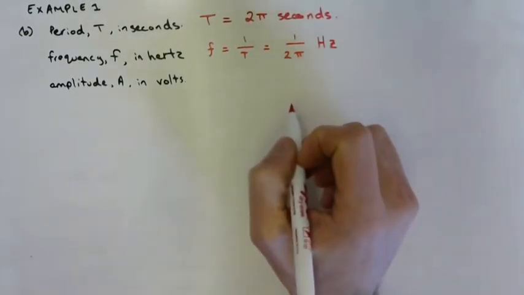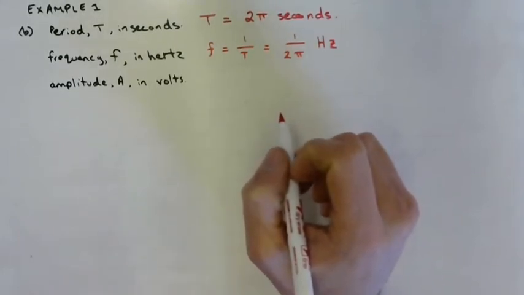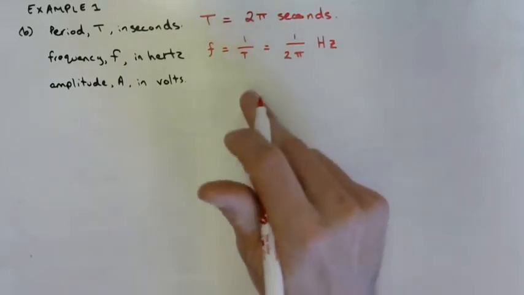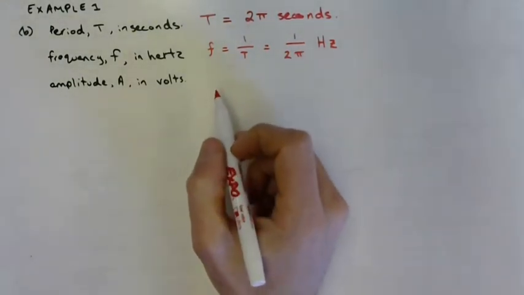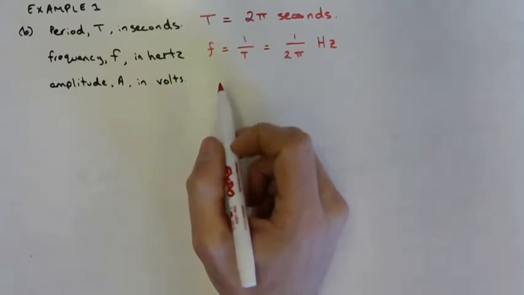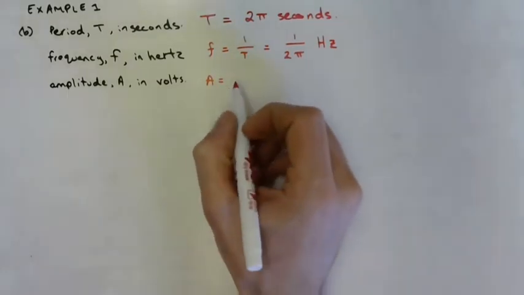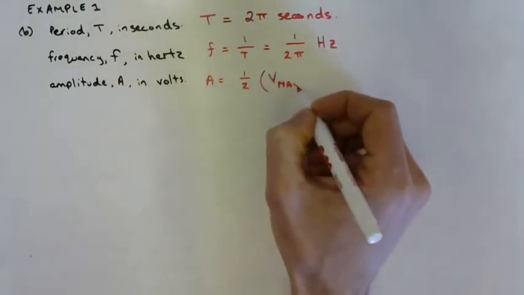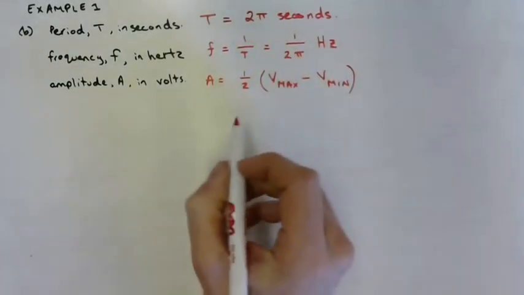And the amplitude of a sinusoidal function is half the difference between the max and min values. And we know how to get it straight from the equation. There's a multiplier, an A of 5 out in front of the sine t. So we know it's going to end up being 5, but in order to do it algebraically, the amplitude is 1/2 the voltage max minus the voltage min, the difference between the max and the min.